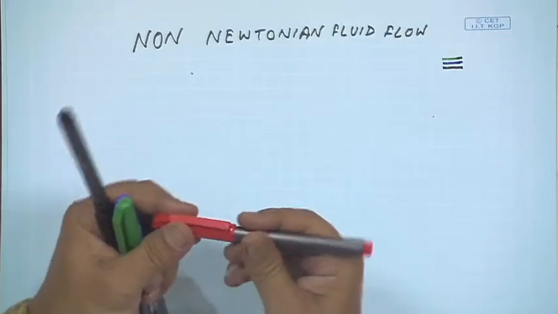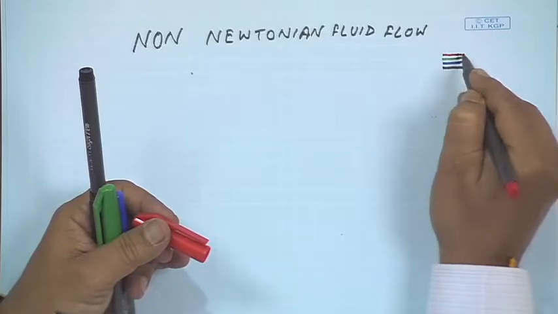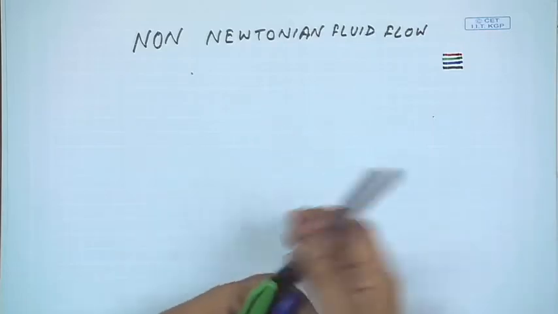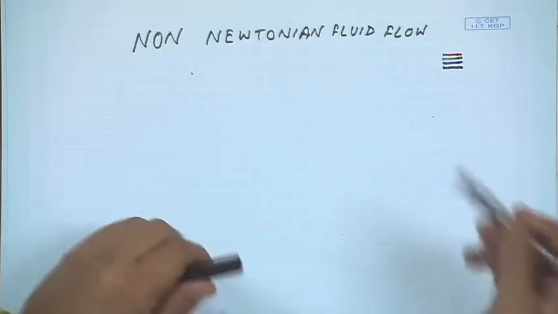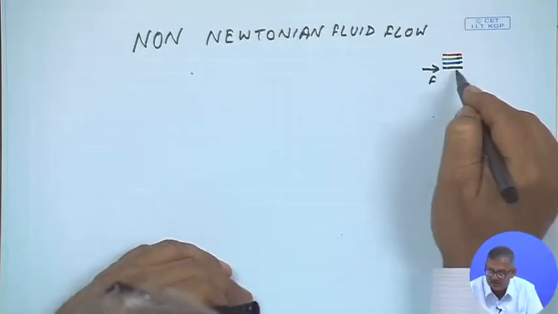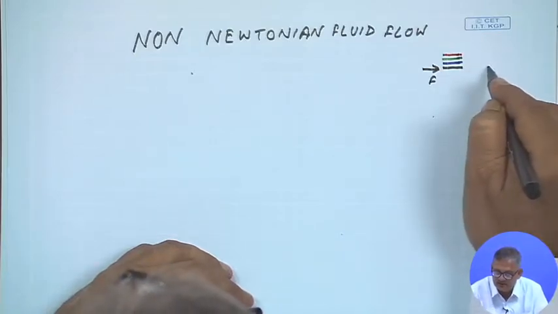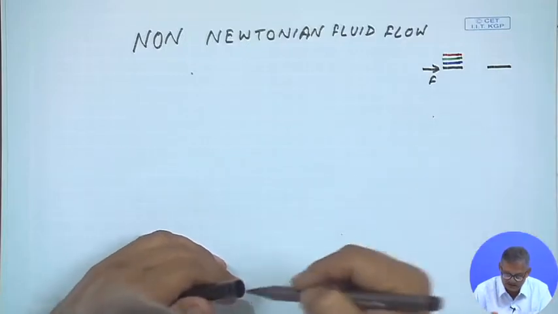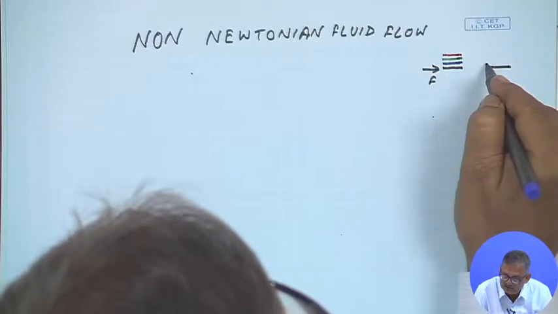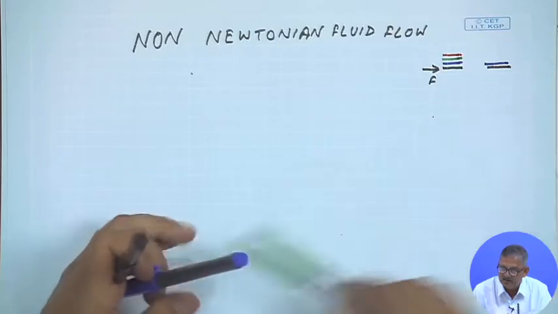These are all enlarged pictures. In reality, the whole card bunch will come out. But if we assume that this kind of cards are there, and then we apply a force at the bottommost card, then what will happen? This card will move a little, then the next card will move a little, then the next card will move.